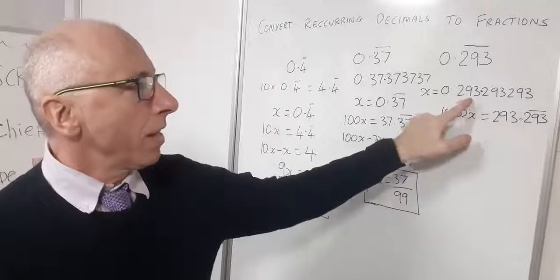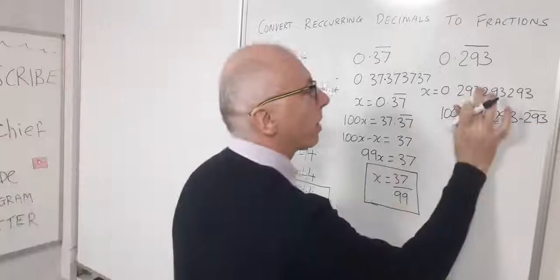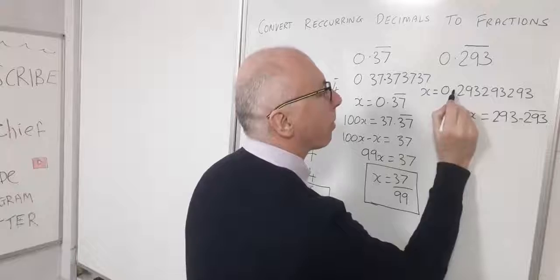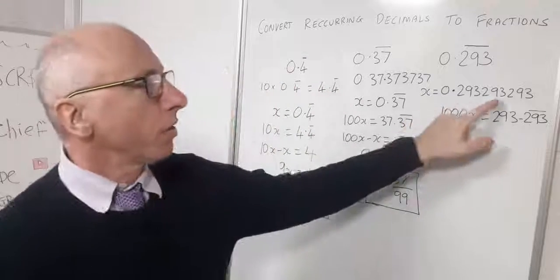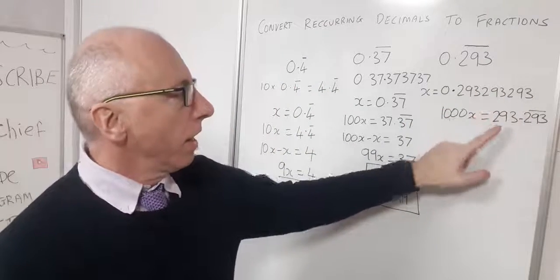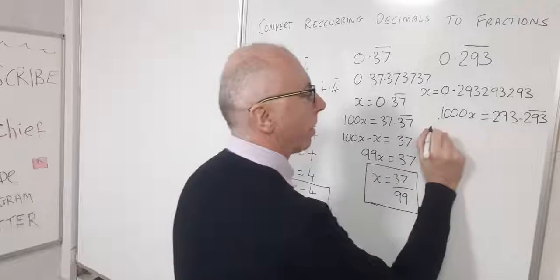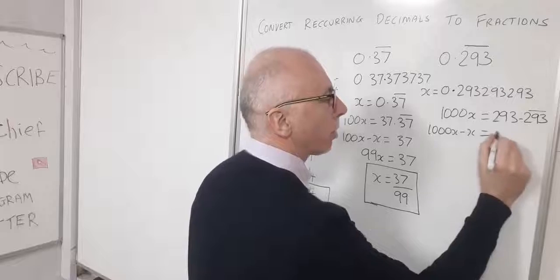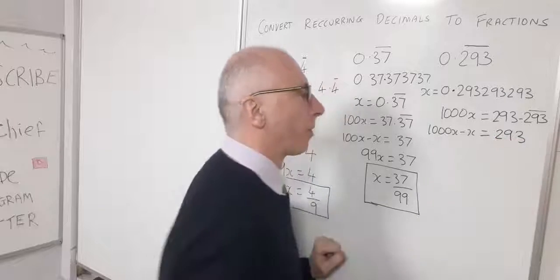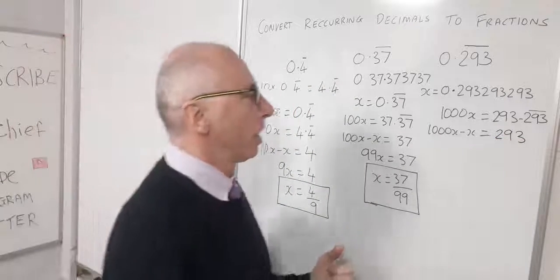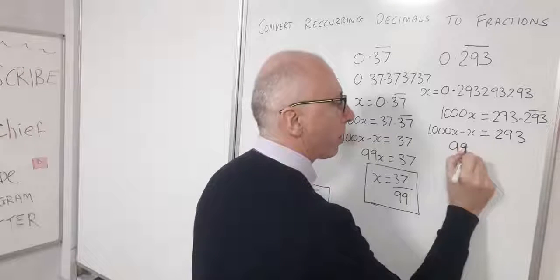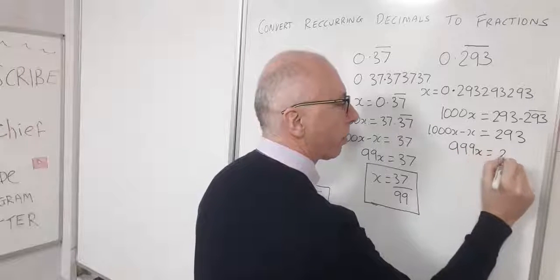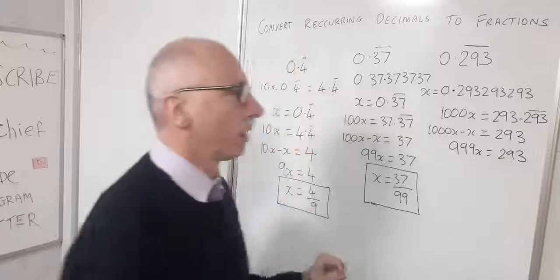Okay, now I want to try and get rid of this. So this is my x, so I just set my x equal to this. If I just subtract this here, that was my original. My x is 0.293, 293, 293. If I subtract from this, I've then got 1000x minus x equals 293. So now simplify this off. 999x equals 293.